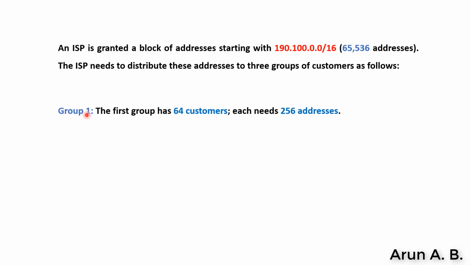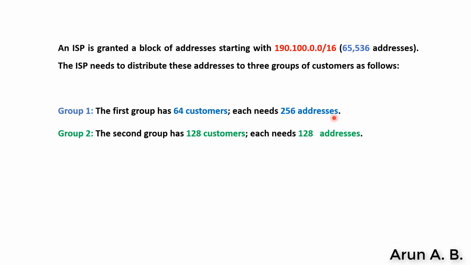Group 1 has 64 customers and each customer in group 1 has a requirement of 256 IP addresses. Similarly, group 2 has 128 customers and each customer in group 2 has a requirement of 128 IP addresses.